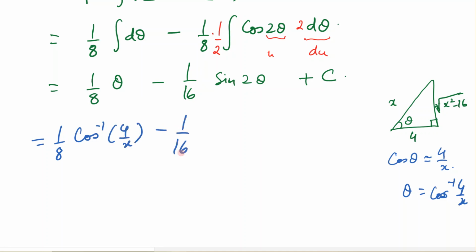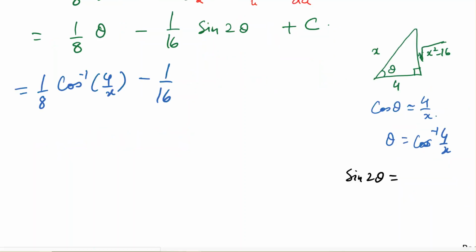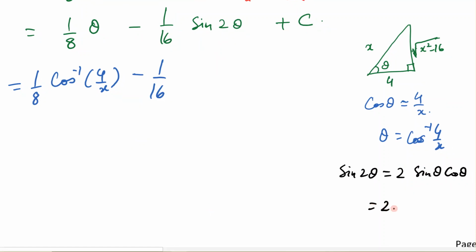Thus, for the first part, we got 1 over 8 cosine inverse 4 over x. And for sine 2 theta, we can use the identity that sine 2 theta is equal to 2 sine theta cosine theta, and we can plug in the values of sine and cosine here. So sine, using this triangle, would be square root of x squared minus 4 squared, or x squared minus 16, divided by x, and cosine theta is 4 over x.